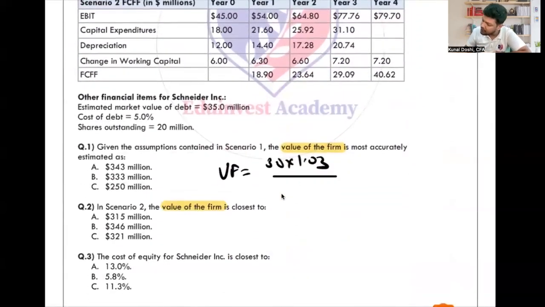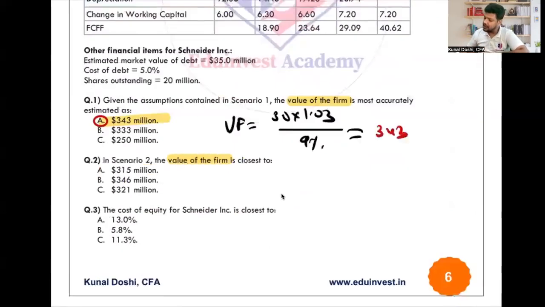So 12 minus 3, I will put 9%. Very simple, right? 30 into 1.03 divided by 9%. You should get 343.33, which they've rounded off to 343 million. Easy. This is the value of the company in the first part, right? Very easy.